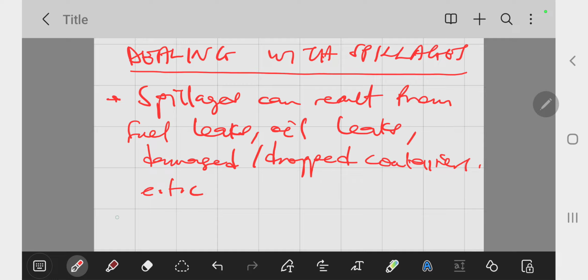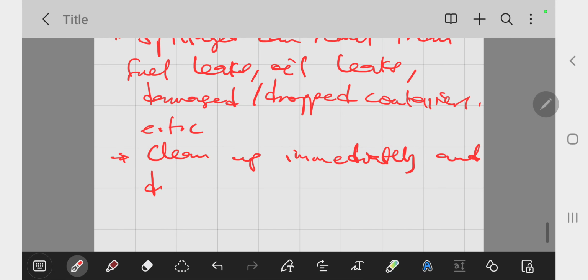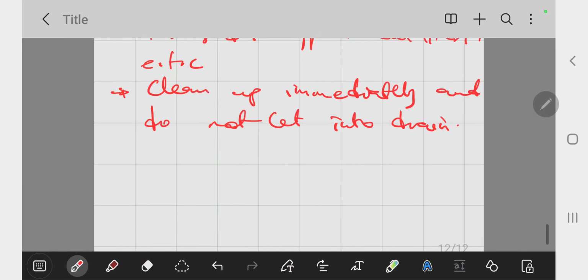So now how are you supposed to handle spillages? So you're supposed to clean up immediately and do not let it into the drain. Do not let it into the drain. Yeah, so basically that's how you're supposed to deal with spillages.